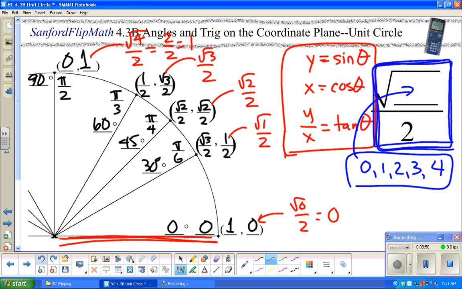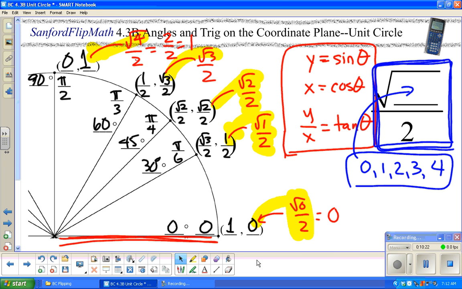Okay, so again, the square root of 0 over 2, the square root of 1 over 2, the square root of 2 over 2, square root of 3 over 2, square root of 4 over 2. Okay, that's great. That's the y values. Well, what do you do about the x values? They're the same thing, only the 0 starts up at the top.